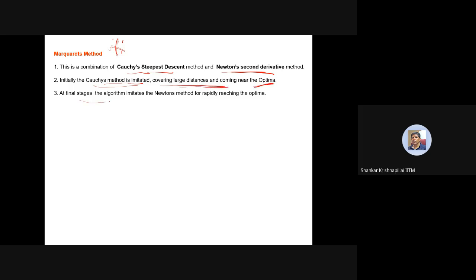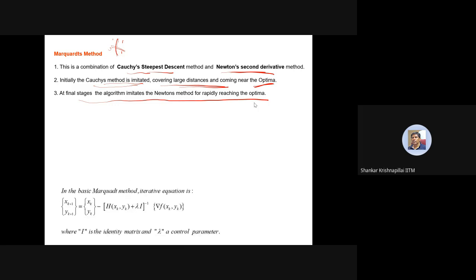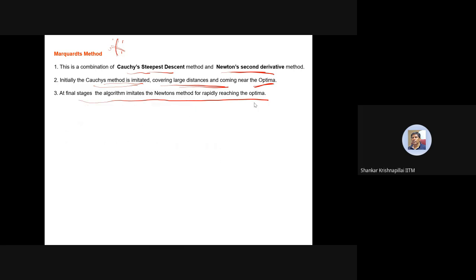In the final stages, the algorithm will imitate Newton's method by rapidly converging to the optimum. Initially Cauchy's method covers long distances, and in the end you use Newton's method to come directly to the optimum.